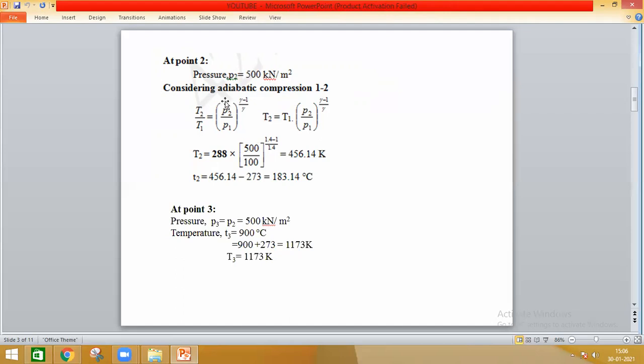This is the PVT relation for an isentropic process. Here T2 by T1 is equal to P2 by P1 to the power of gamma minus 1 divided by gamma. This is the PVT relation which we study in thermodynamics. From this we are going to calculate the temperature, because we know the pressure at point 2.